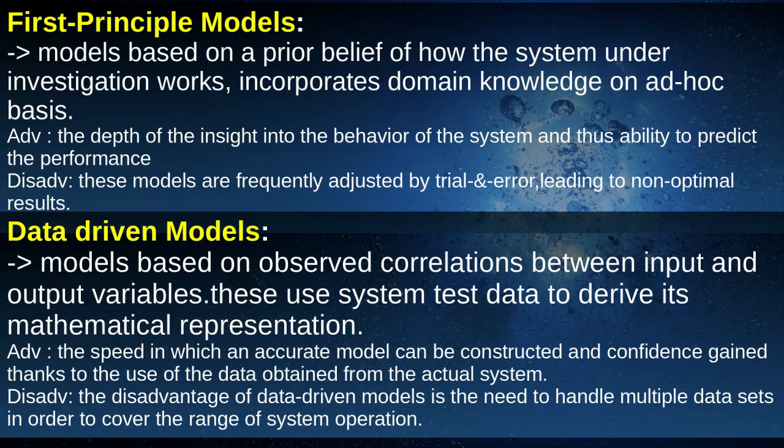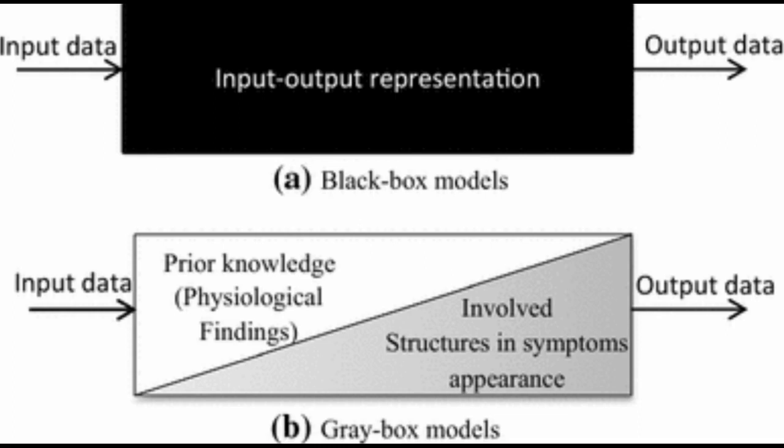The difficulty of the former approach lies in the determination of the phenomenological parameters like the damping or the heat transfer coefficient. The first principle models are frequently adjusted by trial and error, which can lead to non-optimal results. On the other hand, the disadvantage of data-driven models is the need to handle multiple data sets in order to cover the range of system operations.